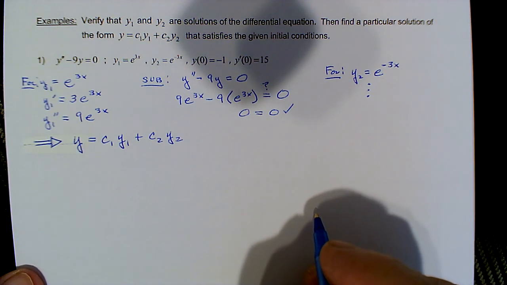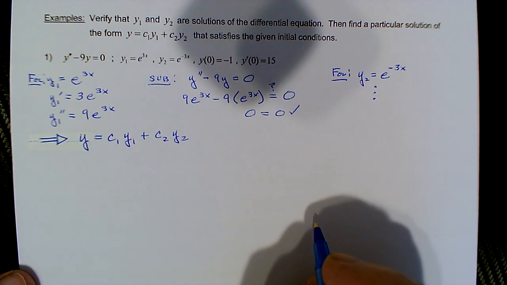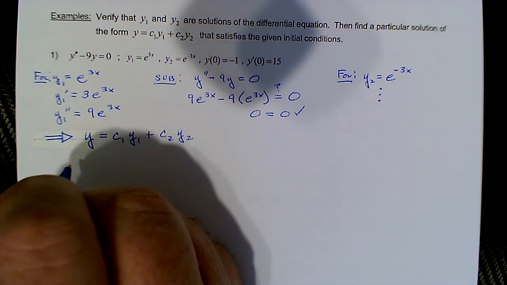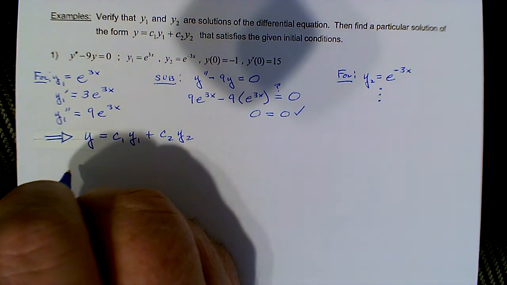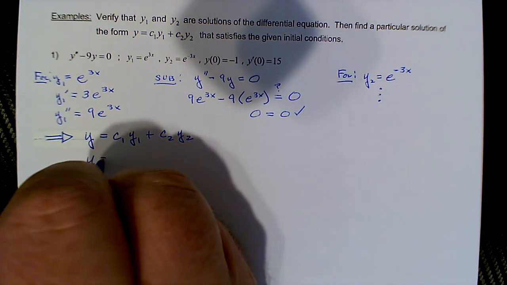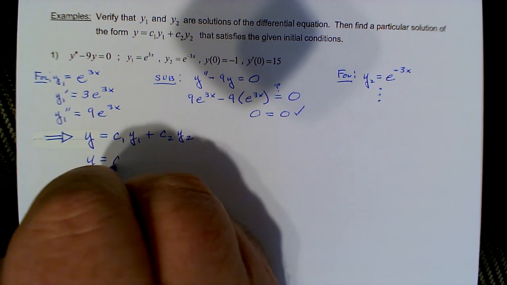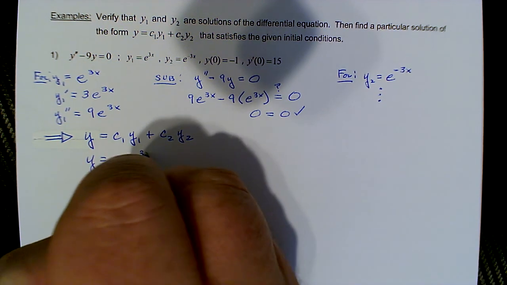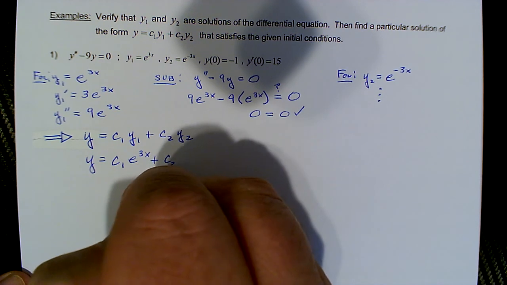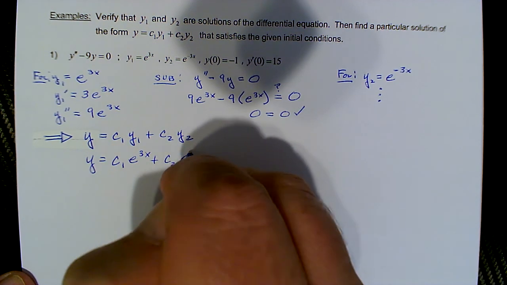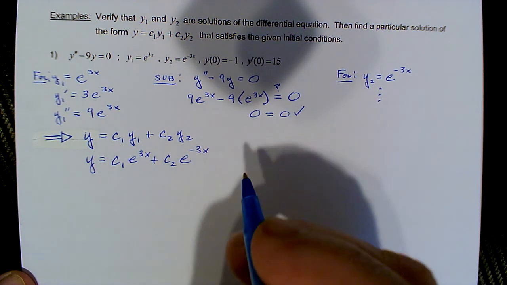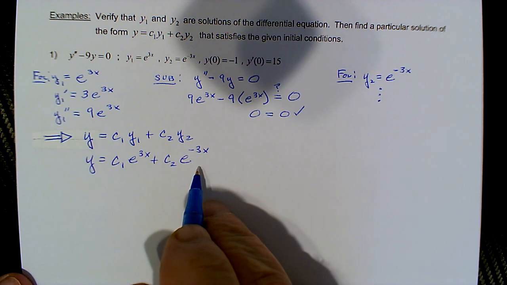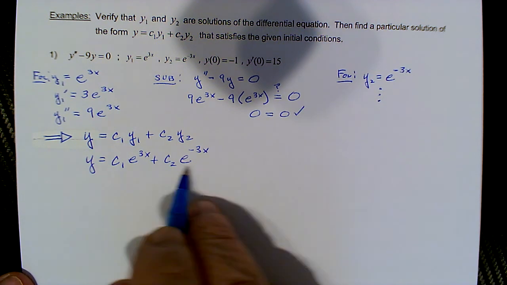So that means that y equaling C1 times y1, which is e to the 3x, plus C2 times y2, which is e to the negative 3x, is also a solution. And we just want to find the particular solution.